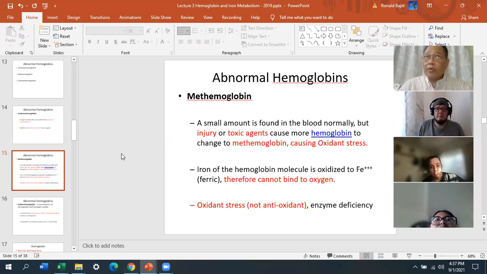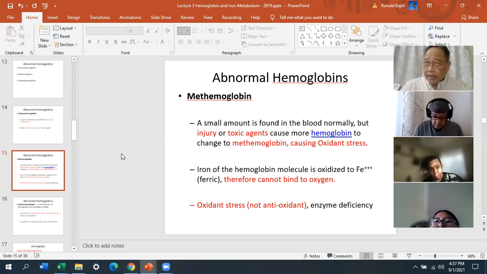If the ferrous iron is already carrying oxygen, meaning it's on its way to the tissues to be delivered, that iron that contains oxygen will be converted to ferric. So what happens is at the tissue, it's not going to release oxygen, and that's the problem.